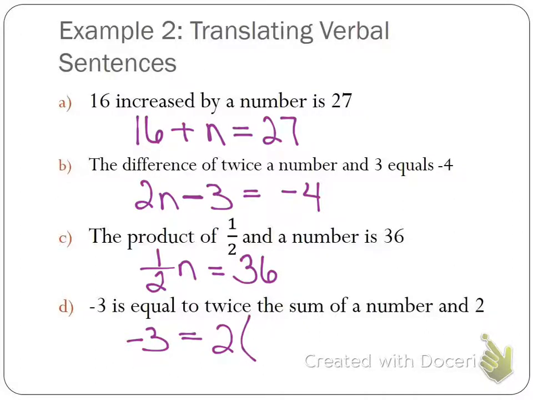Twice the sum, 3 times the sum, 3 times the difference, twice the difference. All right? Those double operational words mean that there are parentheses. I want you to fill in what do you think belongs inside the parentheses. Fill it in. What'd you fill in? N plus 2? Yes. Yeah, a number and 2. The sum of a number and 2. All right, let's practice a few.